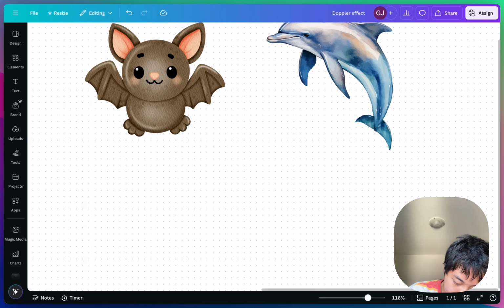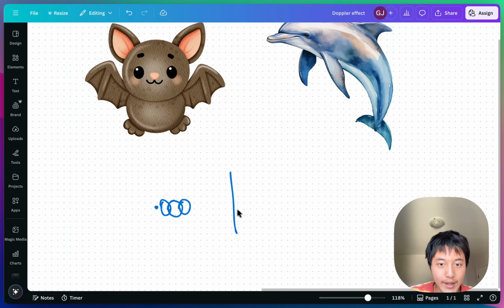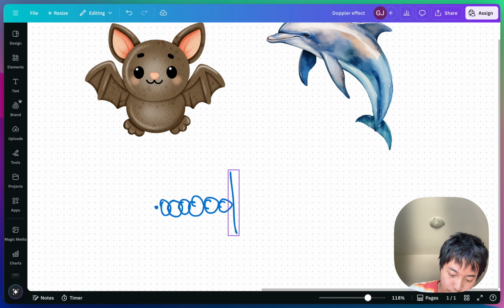So let's say the bat or the dolphin is right here, and it produces sound waves, and there's a wall right here, or an animal or a prey. And once it hits here, it's going to bounce back, essentially.